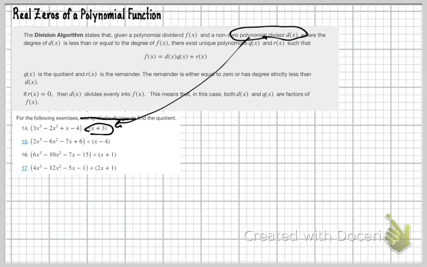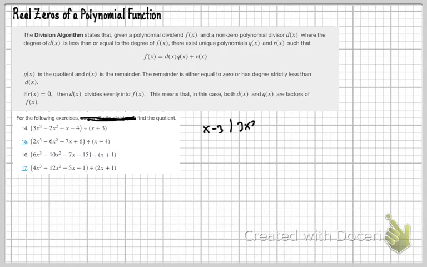All right, so let's get started now. So now I have the x minus 3 outside. And then on the inside, I'm going to have 3x cubed minus 2x squared plus x minus 4. And we're just going to do a long division here.